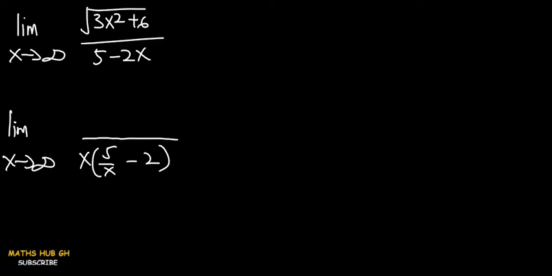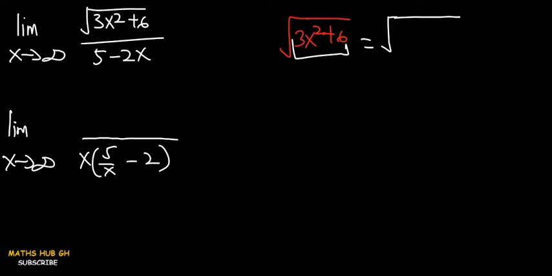For the numerator, we have the square root of 3x squared plus 6, and we want to factor x out of this expression. To factor x out, I will first factor x squared out from this expression here. We are going to have x squared bracket open 3 plus 6 over x squared.